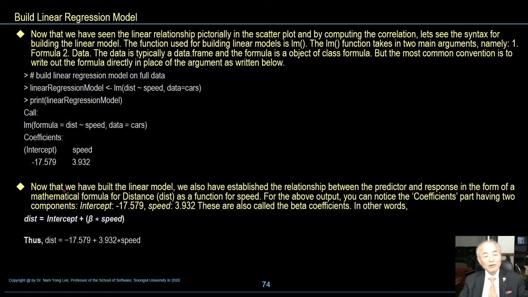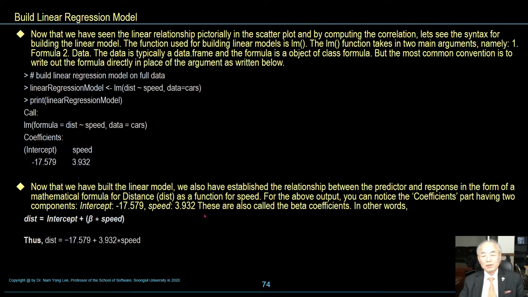3.932. Now that we have built the linear model, we have also established the relationship between the predictor, independent variable, and the response, dependent variable, in the form of a mathematical formula for distance as a function of speed. For the above output, you can notice the coefficient part having two components, intercept and speed.